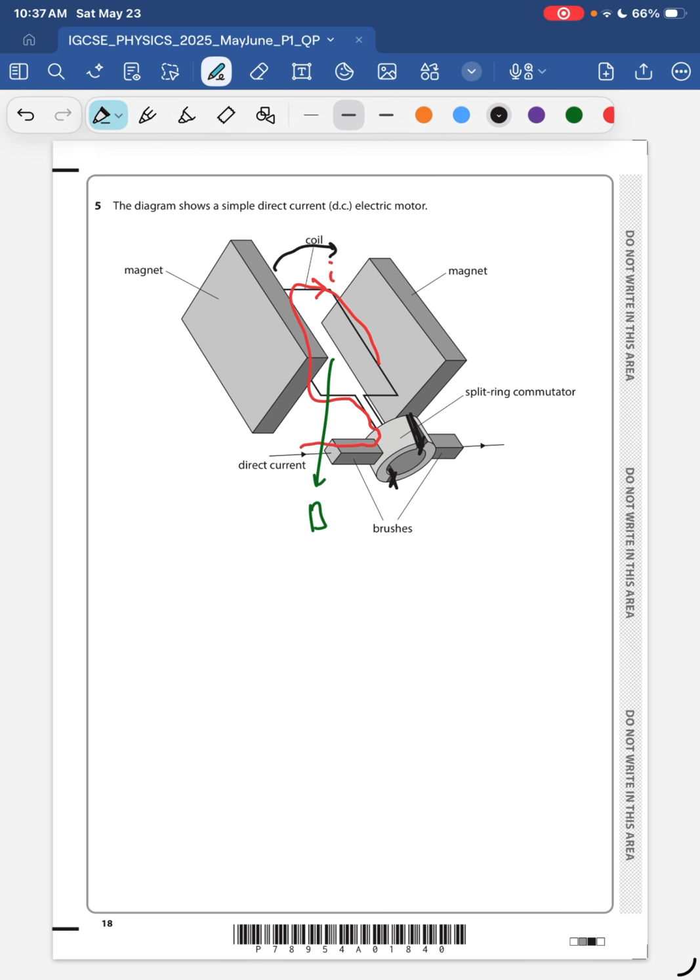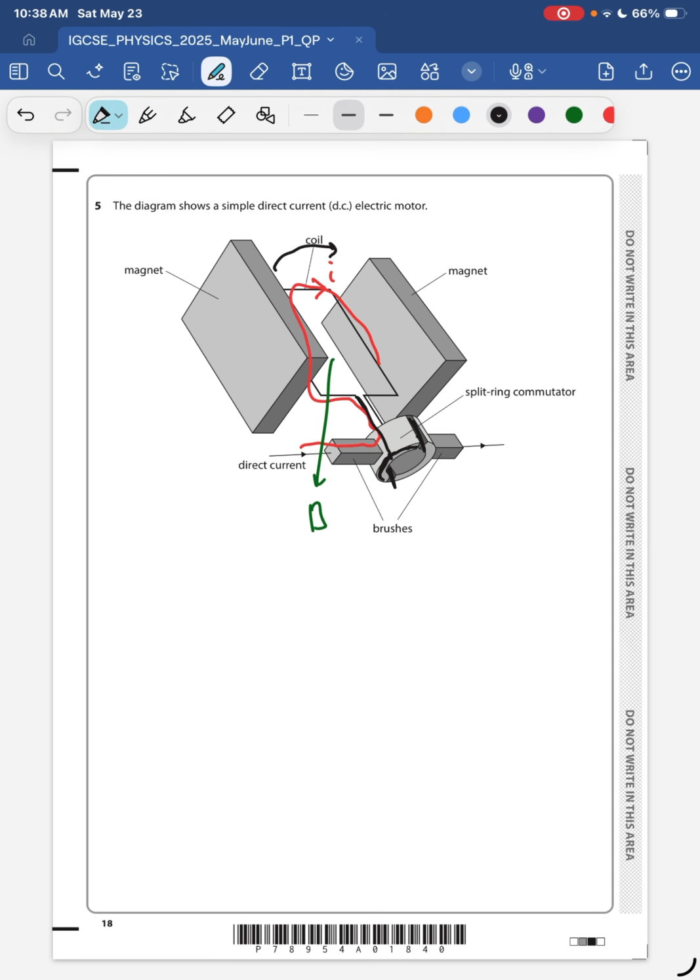Okay, so it's really hard to explain from my iPad, but internally this wire touches pretty much this commutator, so it remains in contact until it encounters the gap, and the gap pretty much allows the direction of the current to remain constant inside that coil, because once it reaches the gap, the coil loses touch with the commutator there at the gaps, so it resets pretty much and it goes back to where it started.